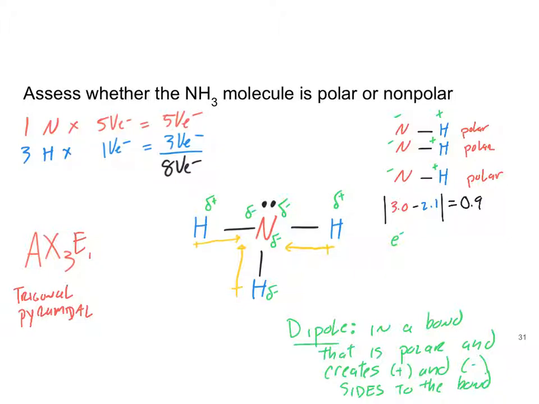So in this particular case, all of the bonds have a positive side and a negative side. And because the bonds are polar, this molecule appears to also be polar. Well, it is definitely polar, but not because of the bonds necessarily. It's polar because the electrons are centered more around the central atom than they are around the outside atoms.